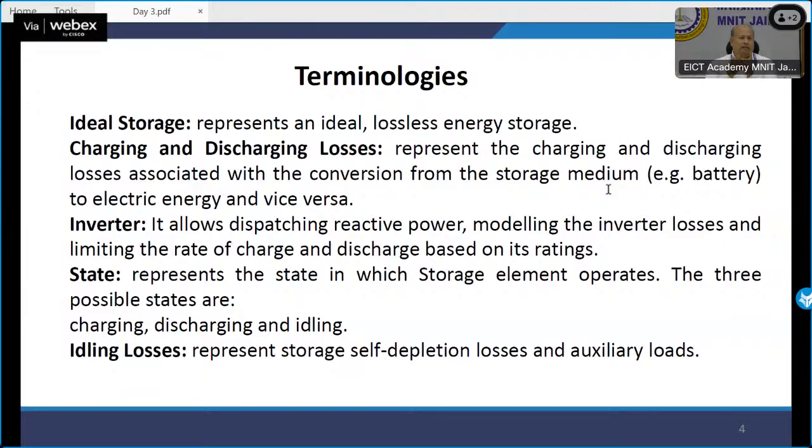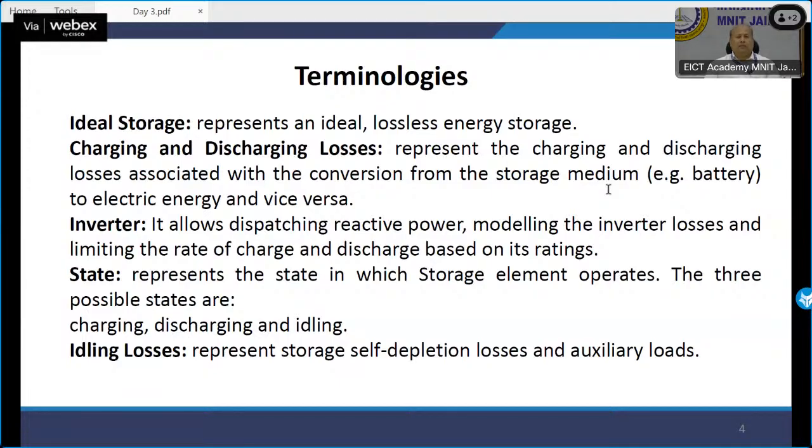Okay, the cycle begins, the battery is continuously working. But keeping the battery idle means you are not allowing the battery to get into the chemistry cycles of either charging or discharging. That slowly reduces the life of the battery to almost nil. What are idling losses? It's a very interesting thing. For example, if you have a transformer which is not loaded, still you experience some losses.